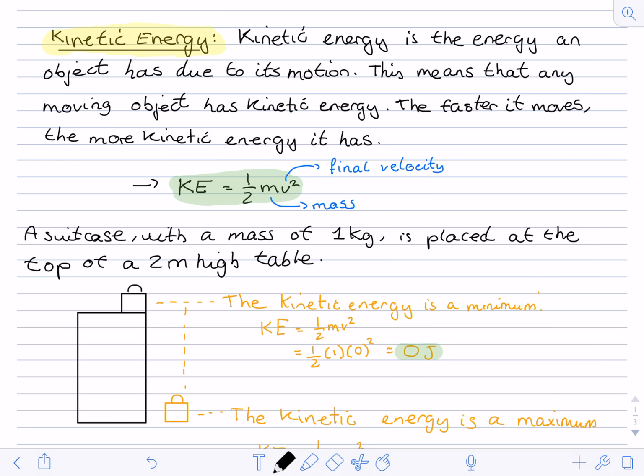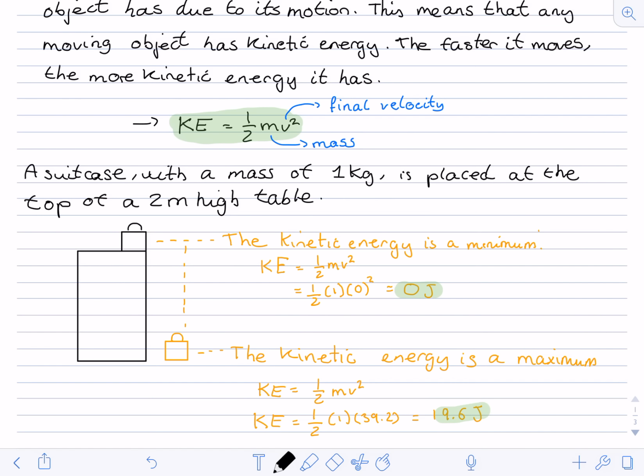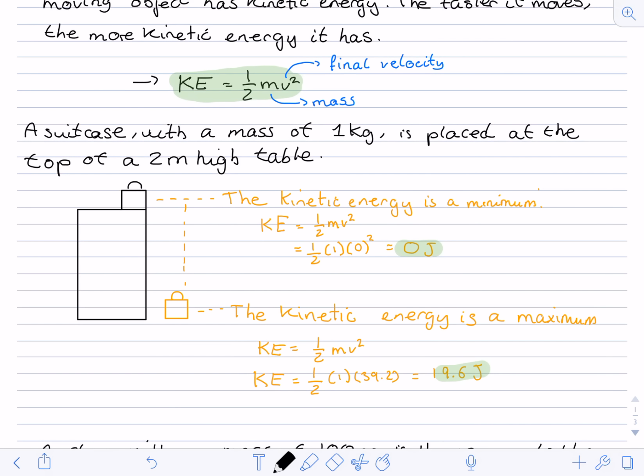Once it starts to fall, it will gain kinetic energy because it gains velocity. Its kinetic energy will increase until it's at a maximum where the suitcase reaches the ground. Okay? So basically what it means is that when an object is not moving, it has no kinetic energy.